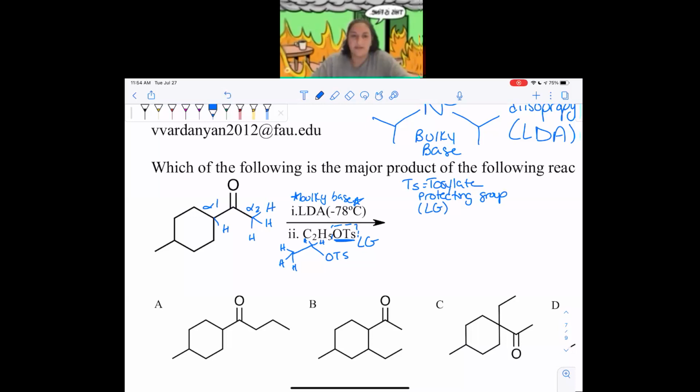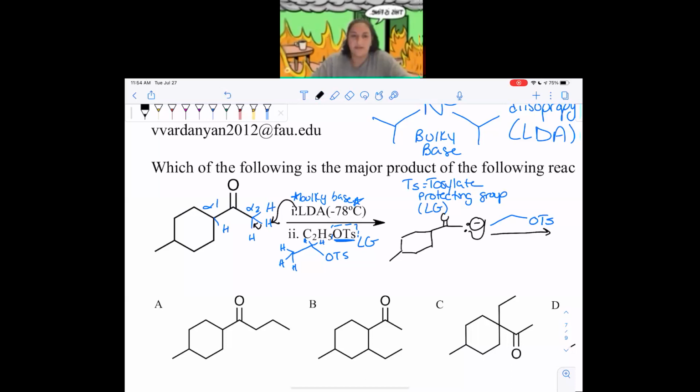All right, now that we talked way too much, LDA is going to steal this hydrogen, right? And we end up with a negative charge. That negative charge is then going to attack our methyl chain, or excuse me, our alkyl chain.